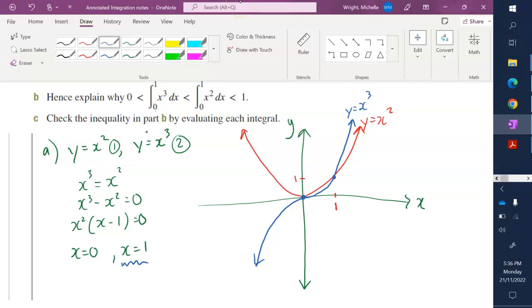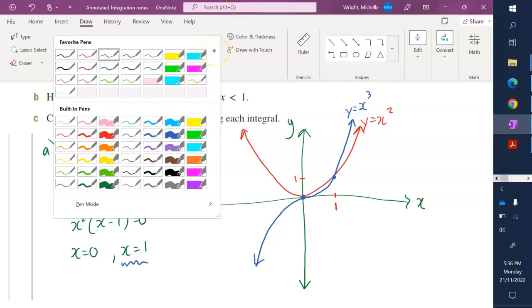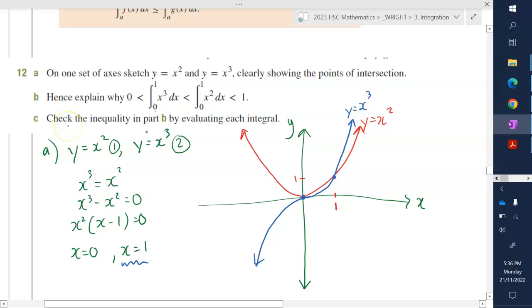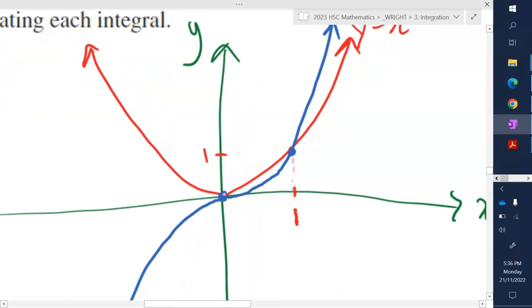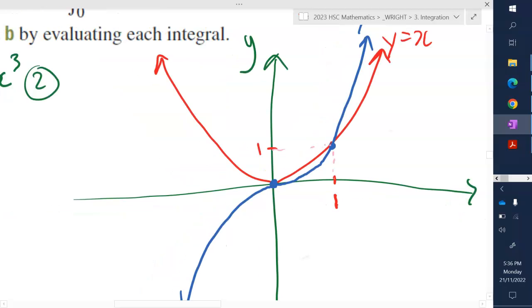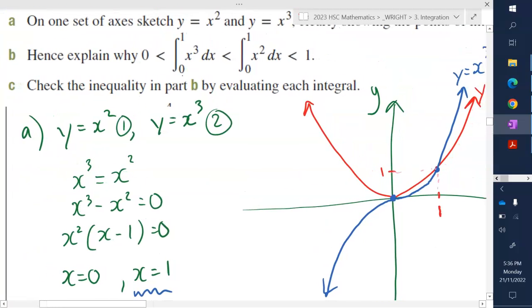If we grab a different colour, pink, we're looking at in here and in here. If we blow up there, we're looking at the area. So we know the area under our x squared is going to be bigger than the area under our x cubed. We know that part.